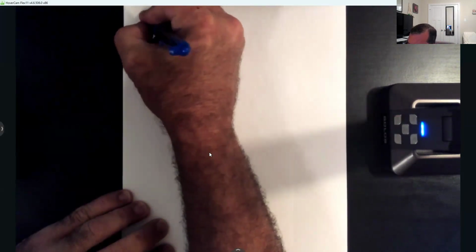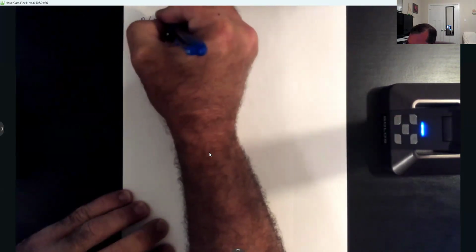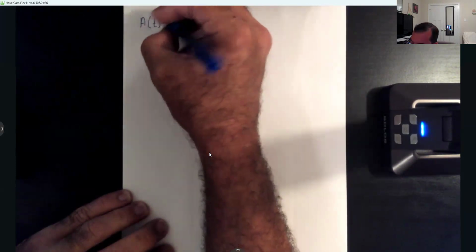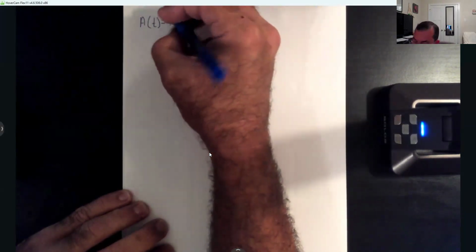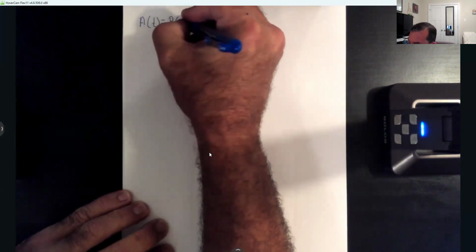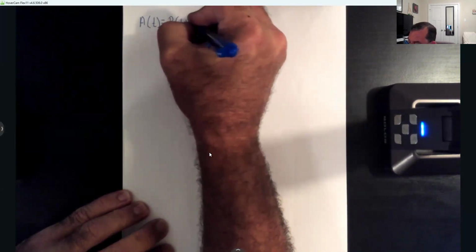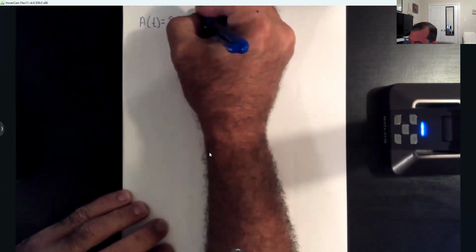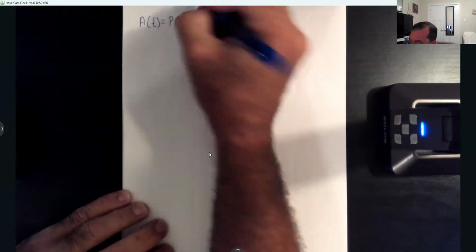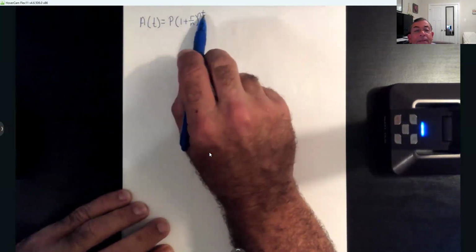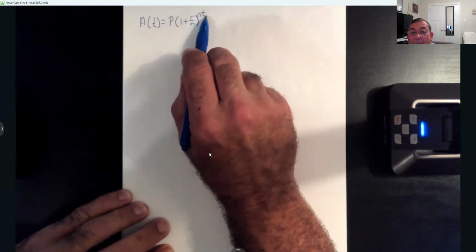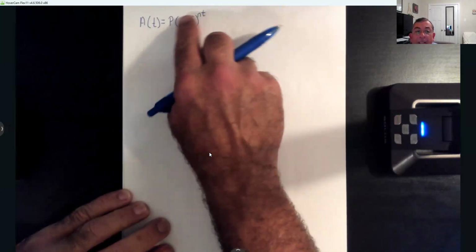So the formula we're looking at is A of T equals P times 1 plus R divided by N, all raised to the N times T. So since time is the variable, and you see the T for time is up here as an exponent, this is an exponential function.